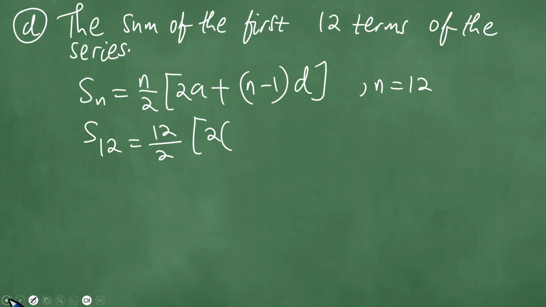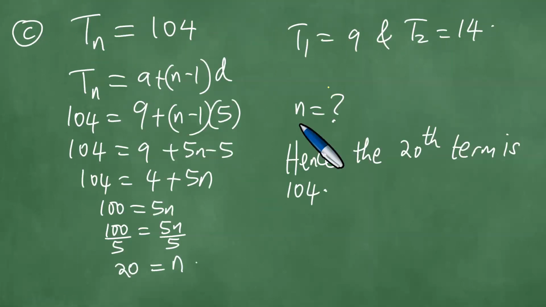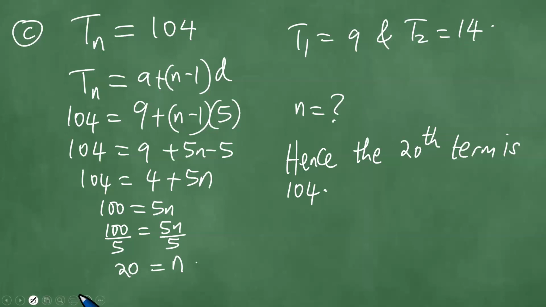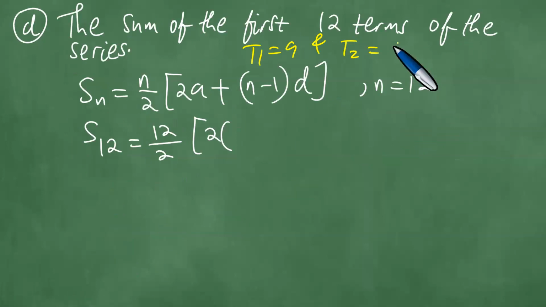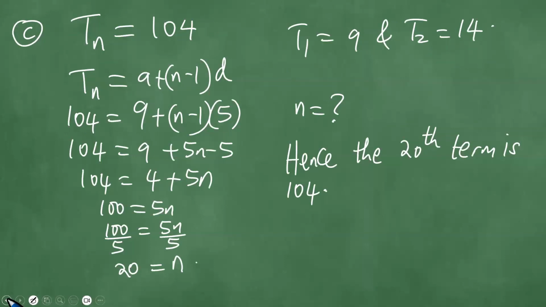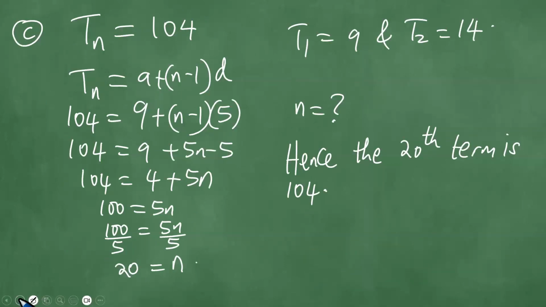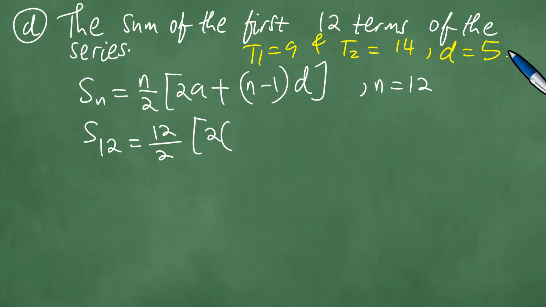The first term is T1 equals 9. And we've already got T2 to be 14. We've already got the common difference: d equals 5.